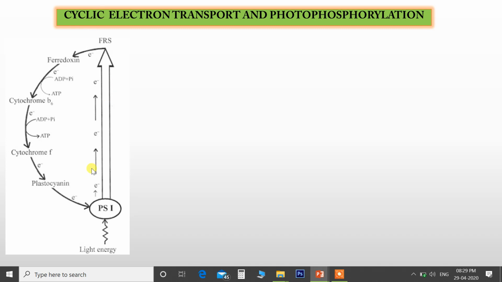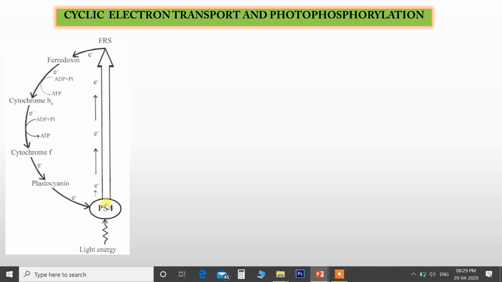So let's see what happens here. PS1, we know here it is not written, but still you should know it is P700, the reaction center of PS1. When you write a scheme, you should write P700 because it is the reaction center.